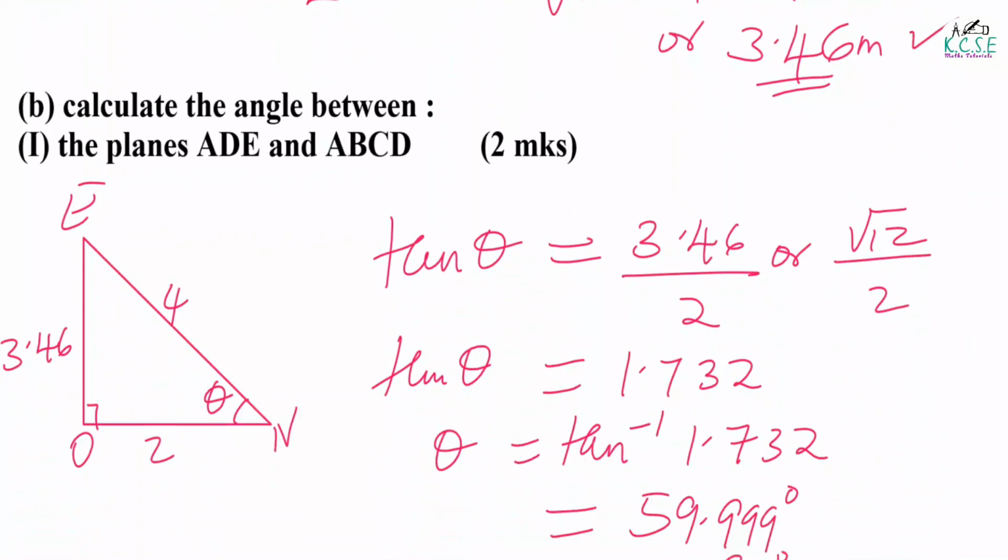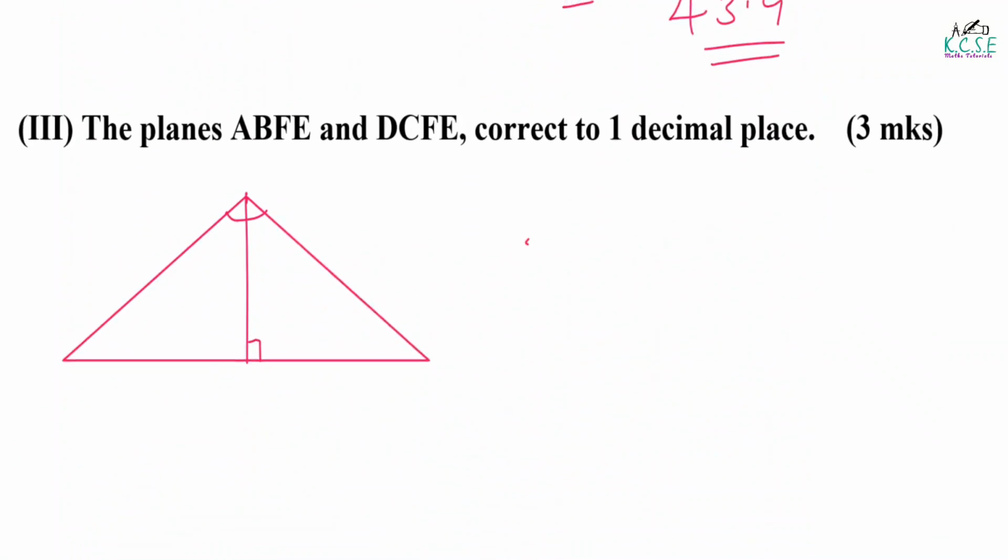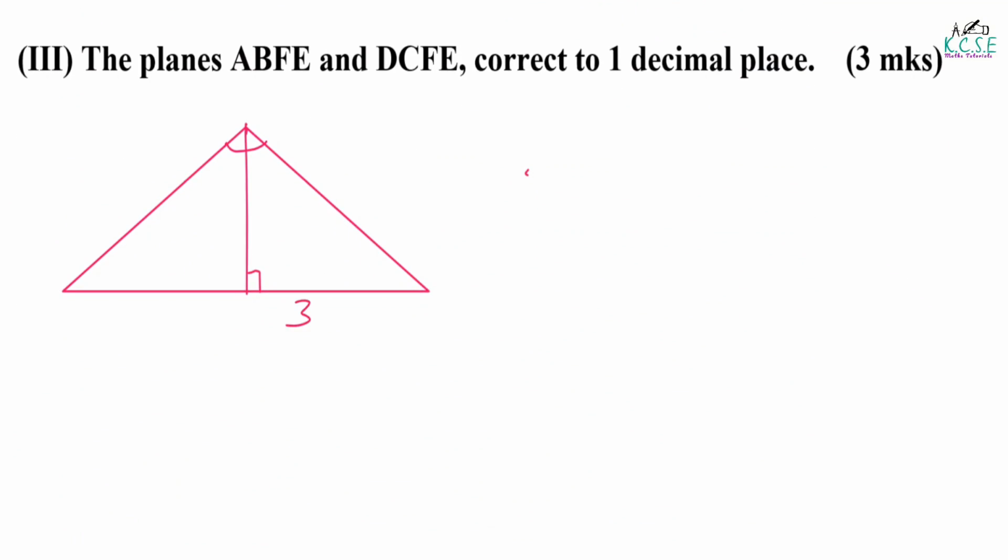So we have this is 3, this is 3. Perpendicular height is root of 12 or 3.46. So you can call this theta and theta. So we need to get one angle and we multiply it by 2. We can use tangent to get this.